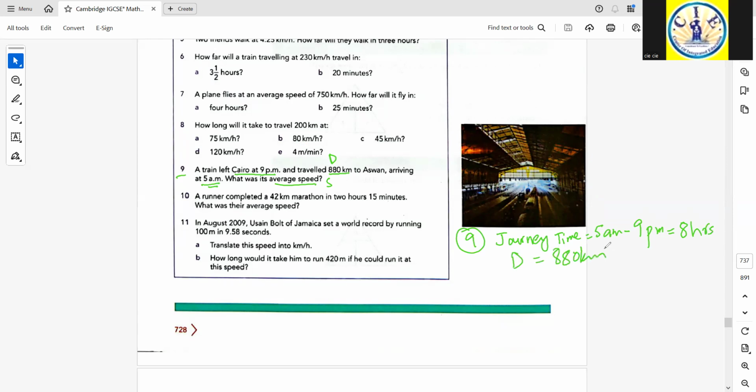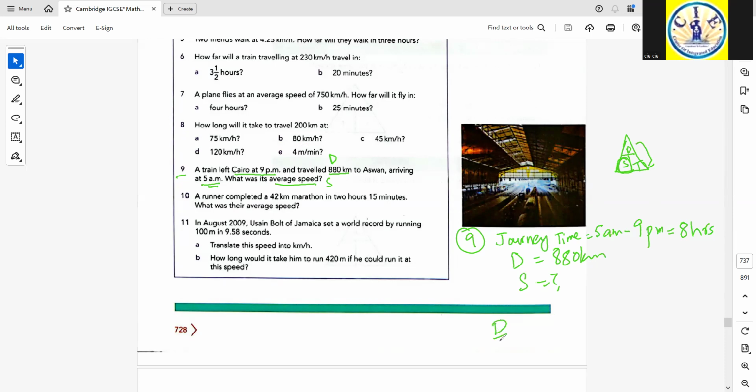And distance is 880 kilometers. We need to find out the speed S using the DST triangle. To find this speed, we need to divide distance by time.